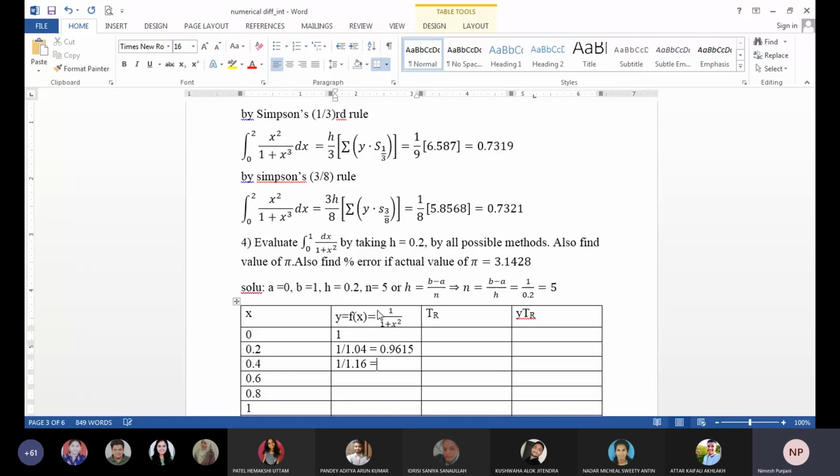I hope you are getting how this is coming. It is not like a picture, remember. We are just substituting x in our f of x. Okay, we are substituting x in our f of x.